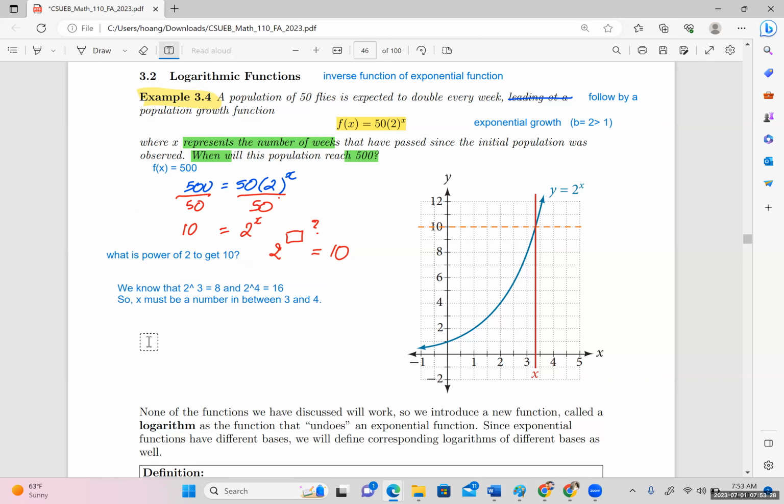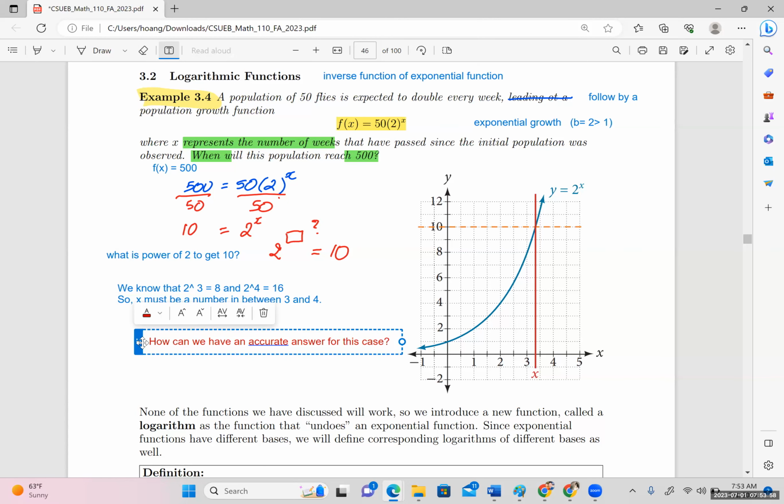So that's all I can guess, but how can we have an accurate answer for this case?